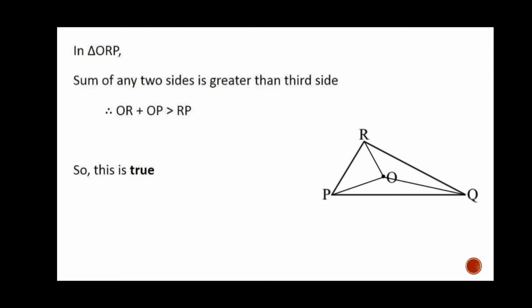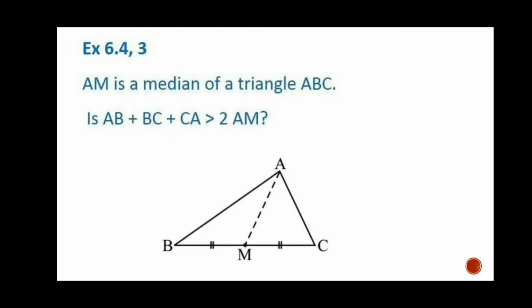Now move to the next question. The third question of the exercise is AM is a median of a triangle ABC. As you can see in the figure, AM is the median of this triangle, and when we say it is a median, it means it divides the side into two equal parts.